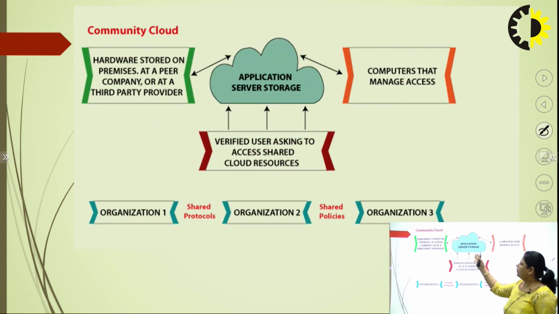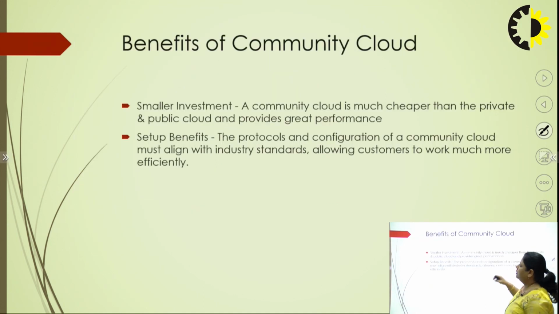This is an example of community cloud. In community cloud, there are application services and storage, and only those who belong to that particular community can access these services. These are some benefits of community cloud.